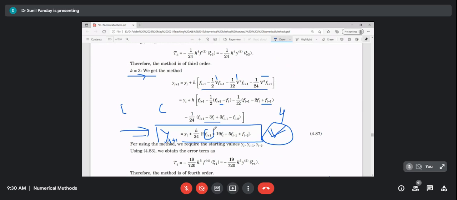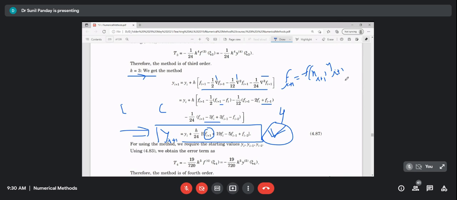And here, to calculate the value at i plus 1, you require f of i plus 1. That means you require f of xi plus 1 and y of i plus 1. But yi plus 1 you don't have. So to use this corrector method, we actually require one predictor method.